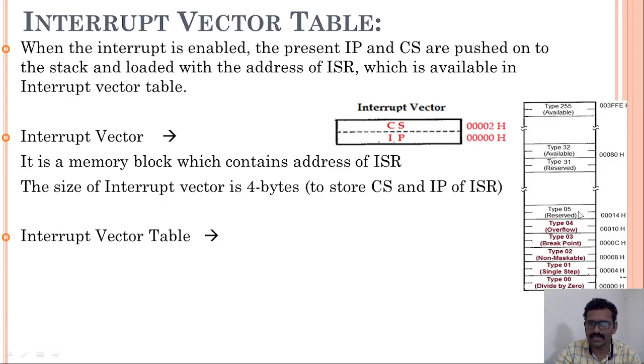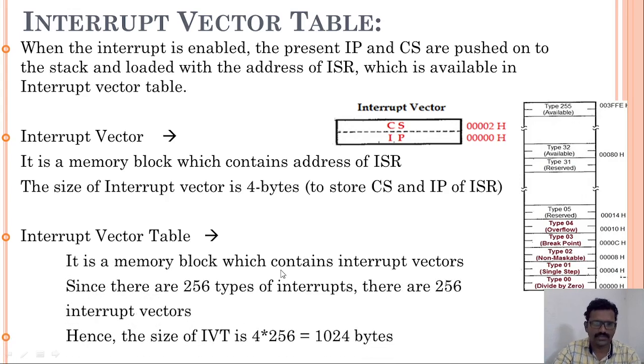For example, this is the interrupt vector table. This is the first vector, second, like this, from type 0 to type 255. So it is a memory block which contains interrupt vectors. Since there are 256 types of interrupts, there are 256 interrupt vectors.